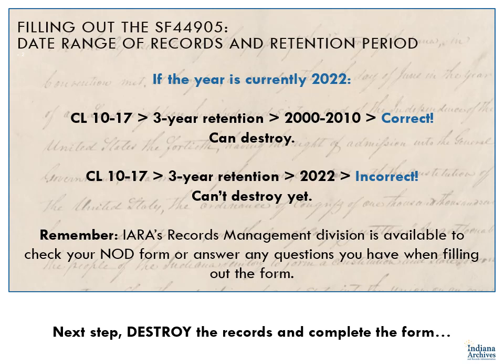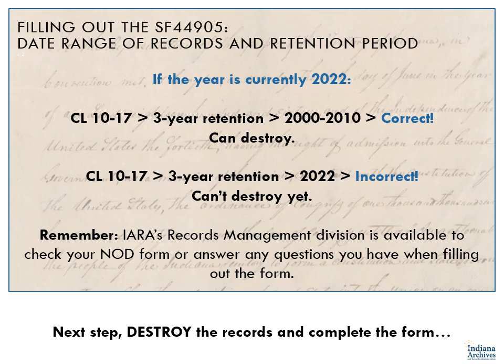You, as the records custodian, are responsible for ensuring that the date range of records matches the retention period of your records listed on the Notice of Destruction form. Double-checking the date range of records and understanding retention periods will help you fulfill your legal requirement toward those records and make sure that no records are accidentally disposed of improperly or too soon.